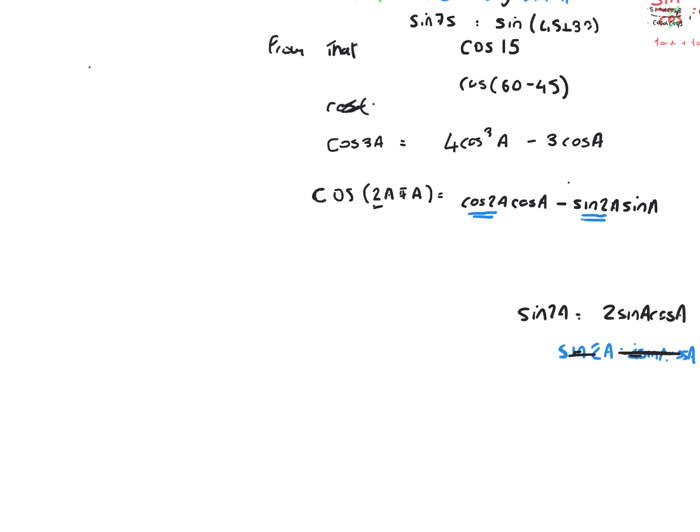Now remember that we've got 3 expansions for cos. So cos 2a is equal to 2 cos squared a minus 1. It's also equal to 1 minus 2 sine squared a.